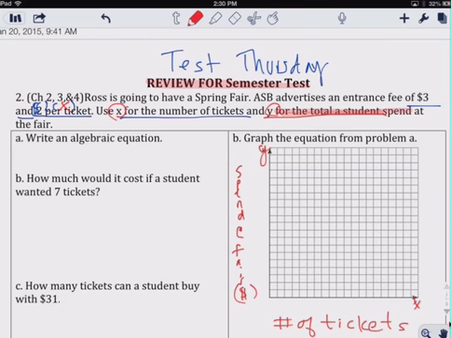Write an algebraic equation. We know $2, 2x per ticket, and the $3 entrance fee equals your total cost, or your spending at the fair. The tickets is X, so you substitute 2x plus 3 equals Y.